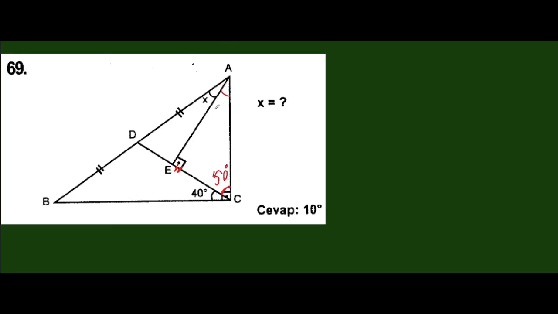But this angle will be 40 degrees because this right angle is 90 degrees. And here x will be equal to 50 degrees minus 40 degrees because the angle DAC is 50 degrees. We'll subtract and get 10 degrees. This is the correct answer, as you see.